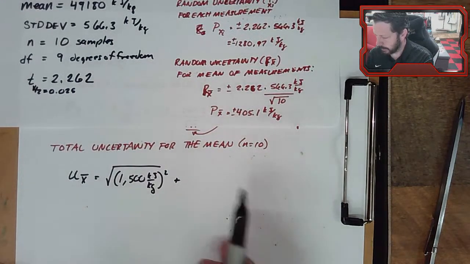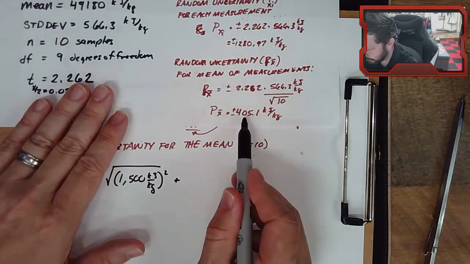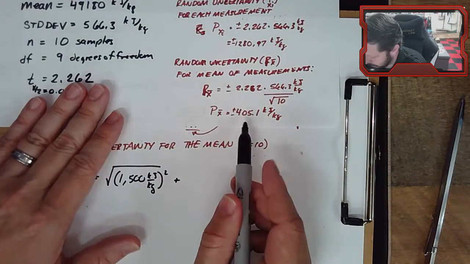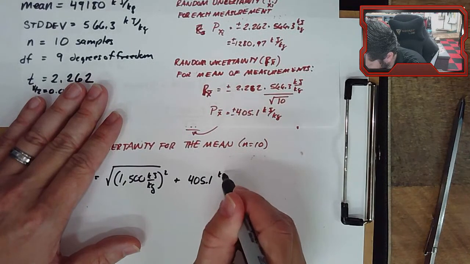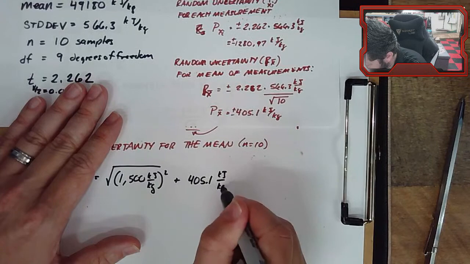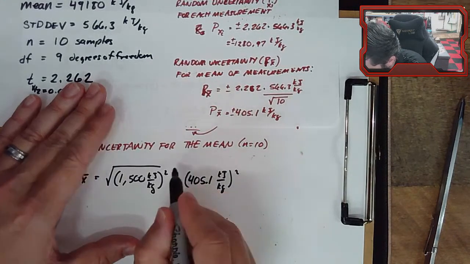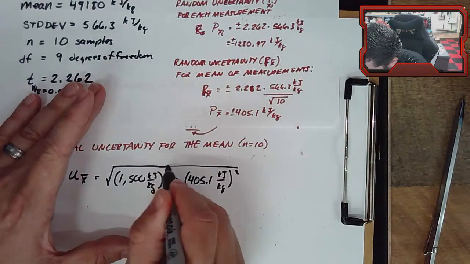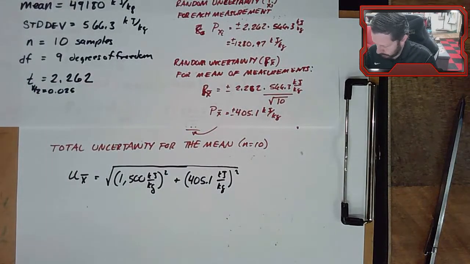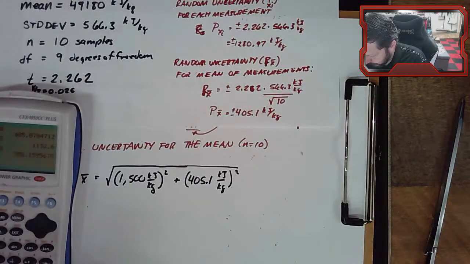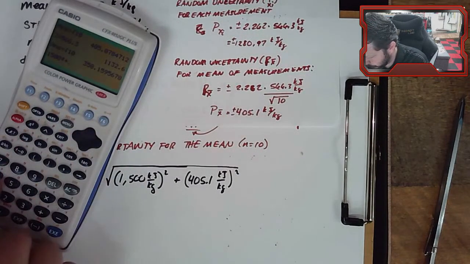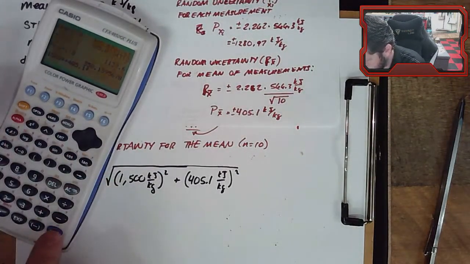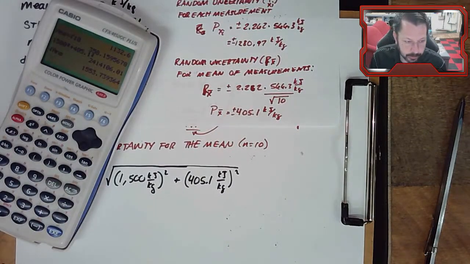And then this is for the mean, so we're going to take the 405 number that we had here, and calculate this guy. So let's see, we have basically just 1,500 squared plus 405.1 squared, and we're going to take the square root of that, 1553.